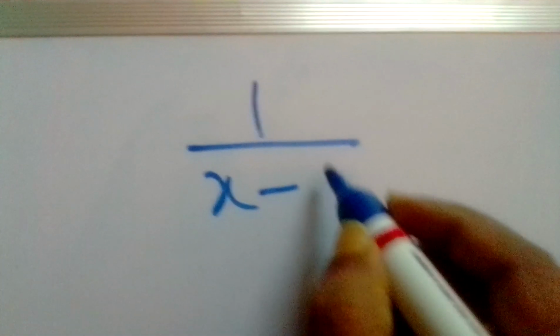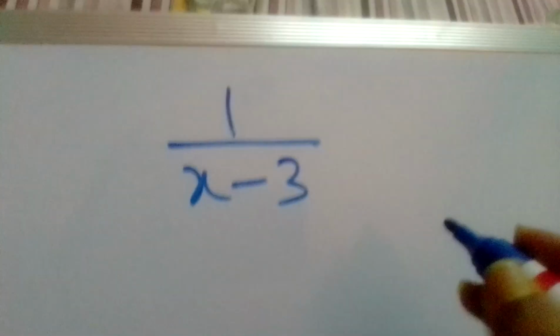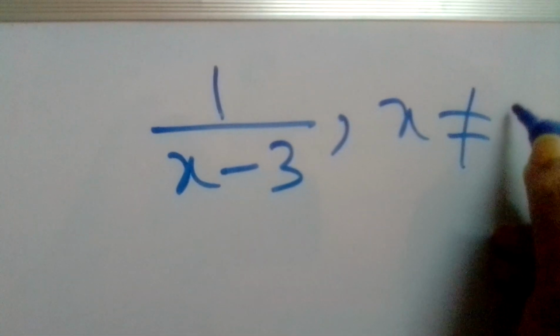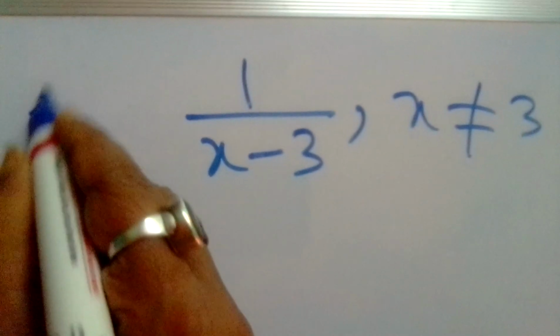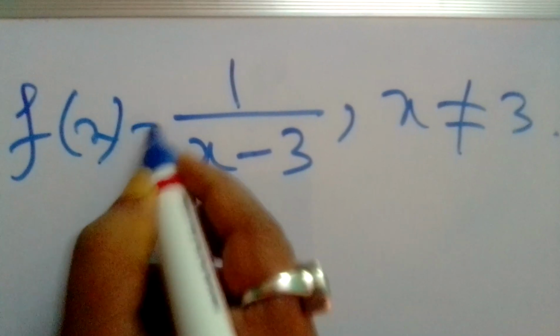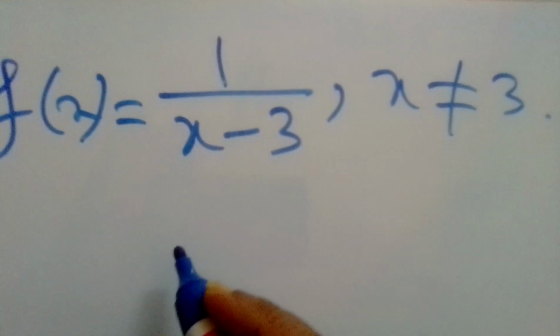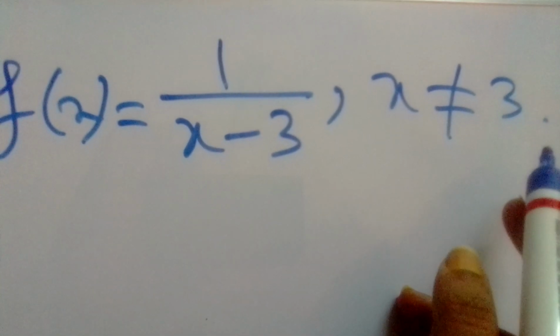So all go to similar cases, corresponding to infinity. Now we go to the practical situation. What happens if we take 1/(x-3)? Here we understand f is not defined at 3, so x is not equal to 3. But if we test it, what happens?